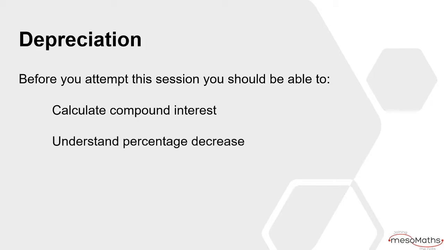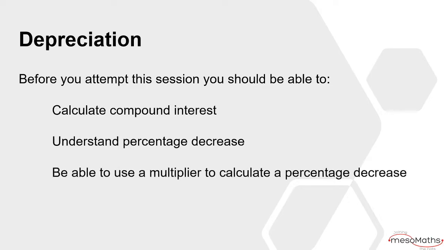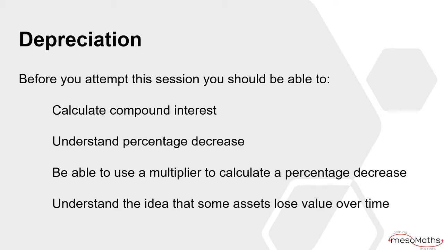You should be able to understand percentage decrease, and you'd be able to use a multiplier to calculate a percentage decrease, and you need to be able to understand the idea that assets lose value over time. So assets are things that companies or individuals buy, like cars or vans, and they go down in value over time, and that's essentially what depreciation is.